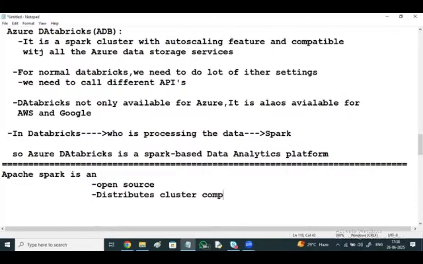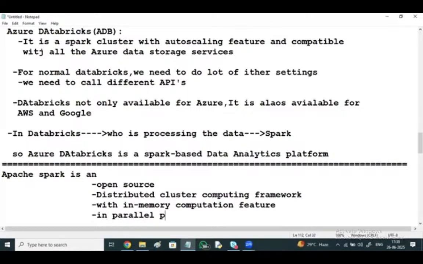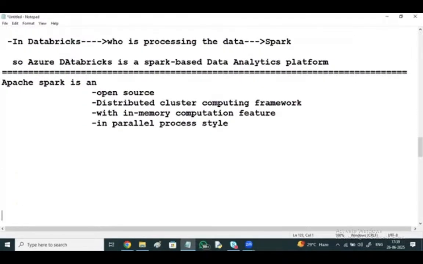Apache Spark is an open source, distributed cluster computing framework, with in-memory computation feature, in parallel process type, used for large scale data processing, right?